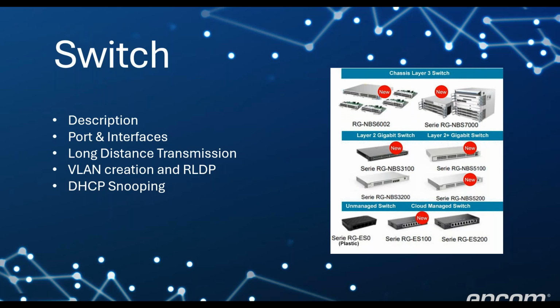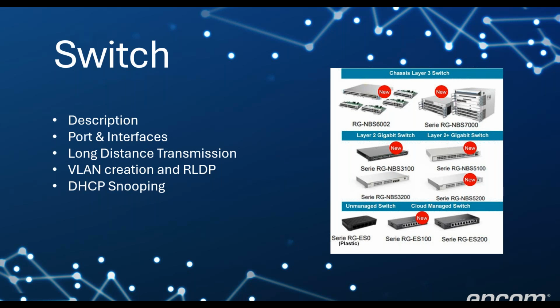Okay, we just talked about the ports and the interfaces, the long distance transmission up to 250 meters, and the VLAN creation, so that you can turn your switch into a managed switch. The RLDP protocol basically was the loop prevention. So we did the demonstration in there. It's enabled by default in all switches, so you don't need to worry about it.